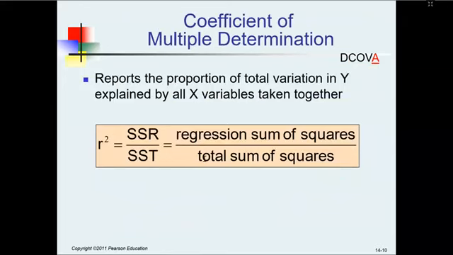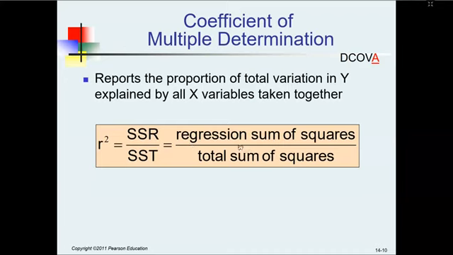The R squared, you remember we computed R squared in a simple linear regression. In the same way, you can also compute that. We call it a coefficient of determination, and it's SSR over SST. Good.